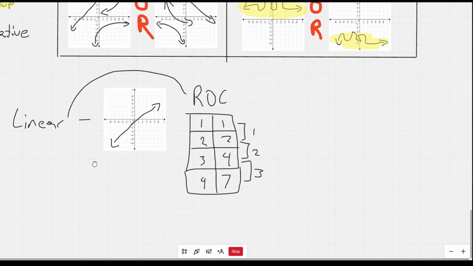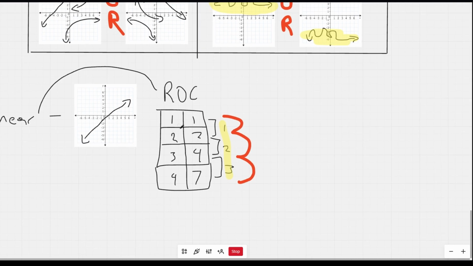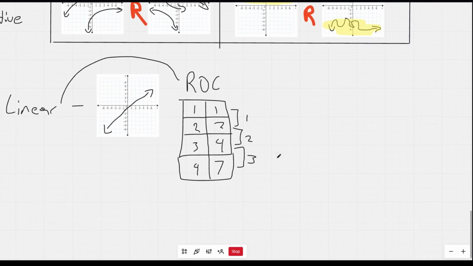I know it sounds really similar, but what it's actually meaning is something like this. Because as we go up, we have 1, 2, 3. So our linear equation for our rate of change is just x. And that may be really confusing the way I explained it, so I'm going to try to take it from a different angle.